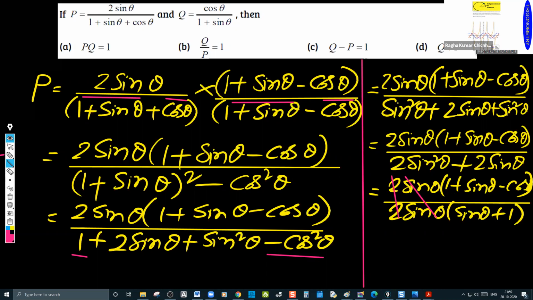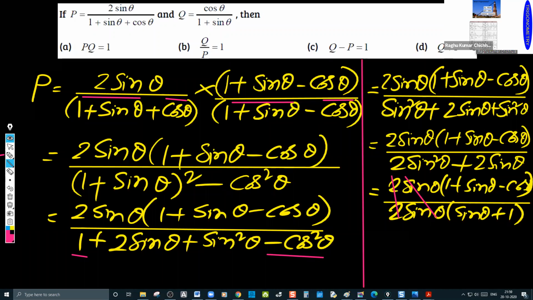Now, we have to find out the relation between that. 1 plus sin theta is there in Q in the denominator, but the numerator is differing there. In the numerator, you have cos theta there, no? Yes, sir.